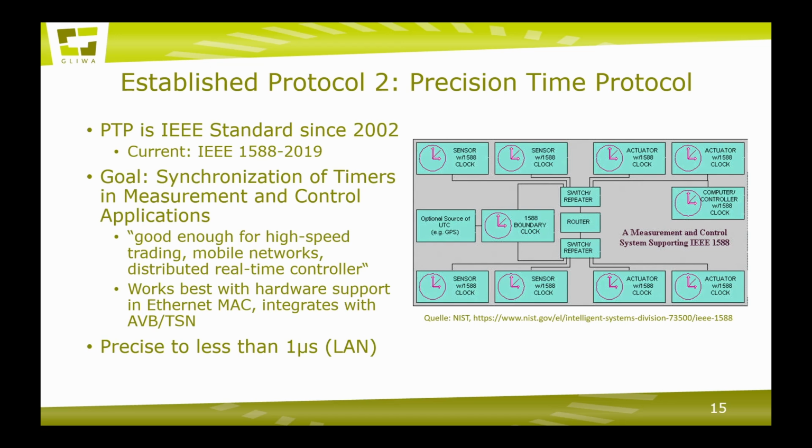The goal here is the synchronization of timers in measurement and control applications. This is supposed to be good enough for high-speed trading, mobile networks, distributed real-time control, and it works best with hardware support built into the Ethernet MAC stage and integrates nicely with modern Ethernet extensions like AVB or TSN. It is precise to less than a microsecond when operated over a local area network.